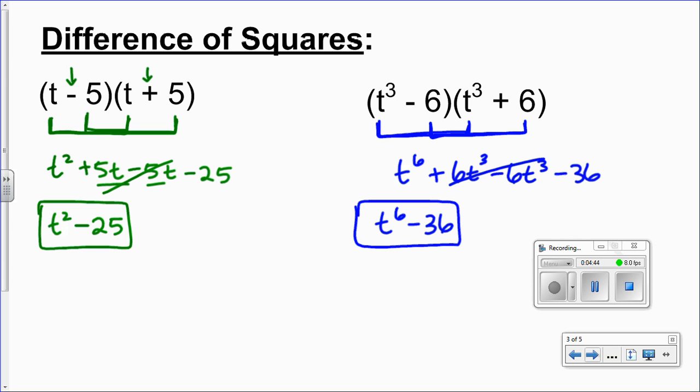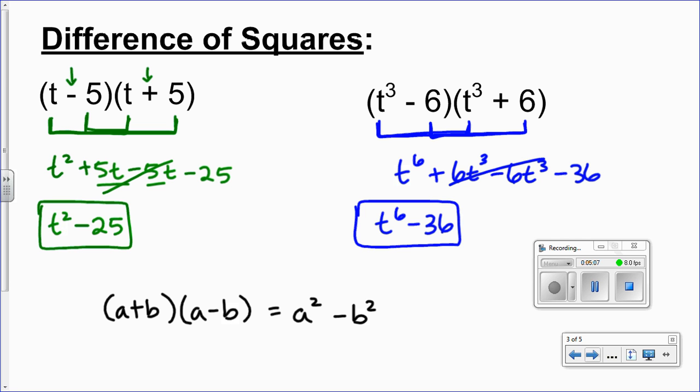Okay, so what we can say, in general, if you have a plus b times a minus b, then your first number will be a squared. The second number will be negative b squared.